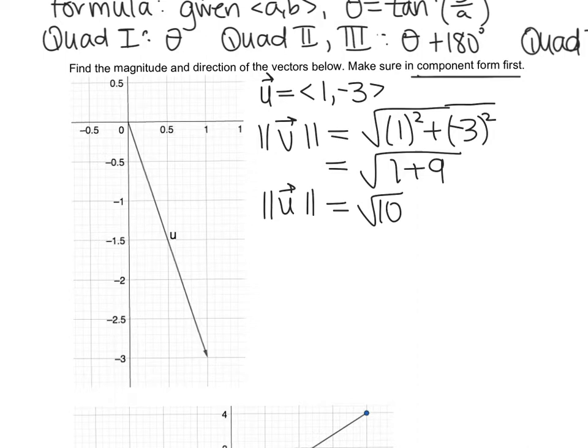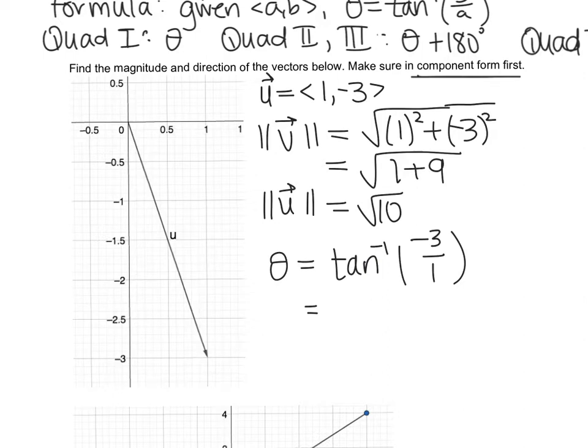Now, in order to find its direction, we are going to do tangent inverse of b, so negative 3, over a, which is 1. So you're going to use a calculator to find tangent inverse of negative 3 over 1. And you're going to want to make sure your calculator is in degree mode before you do this.